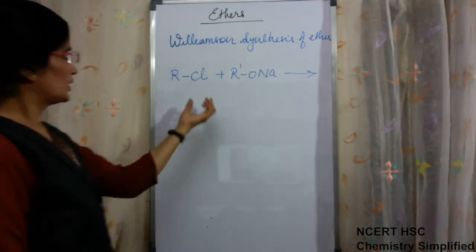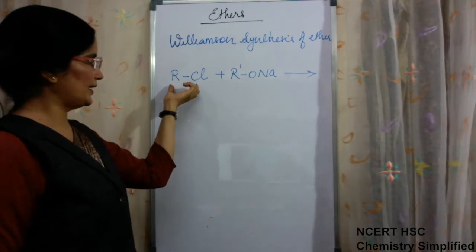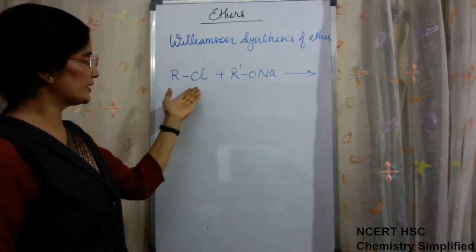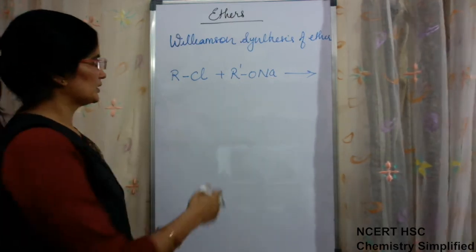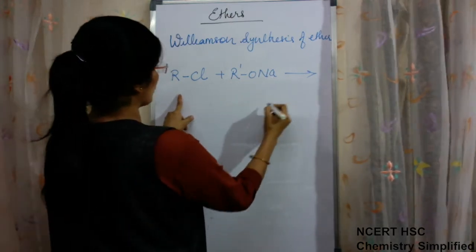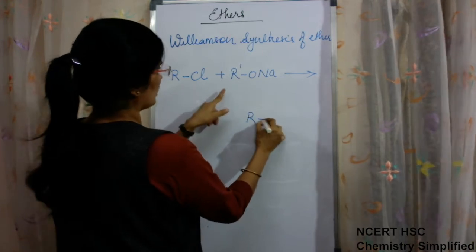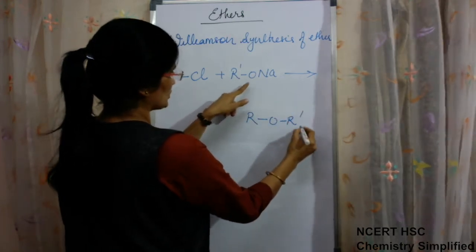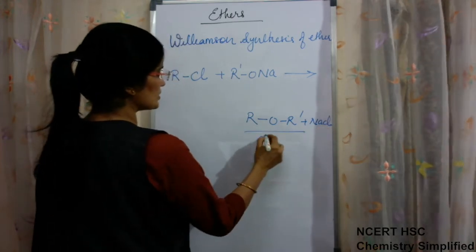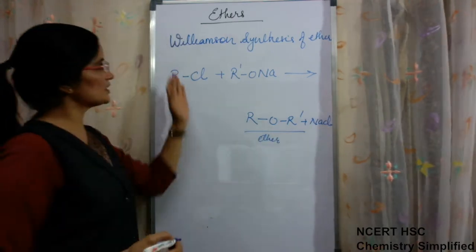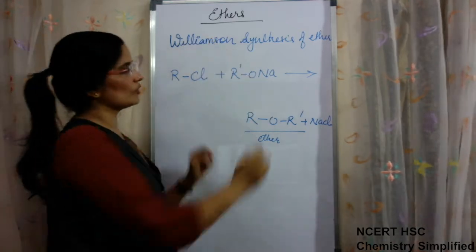Okay. When alkyl halide RCl, I have written, reacts with sodium alkoxide, then what happens in this case? We know that R dash plus NaCl is byproduct, and this is ether. The name of this reaction is Williamson synthesis of ether.